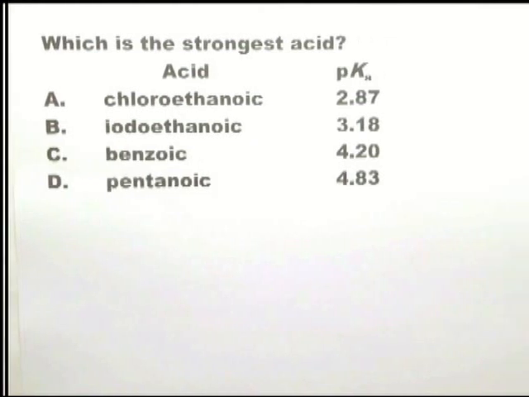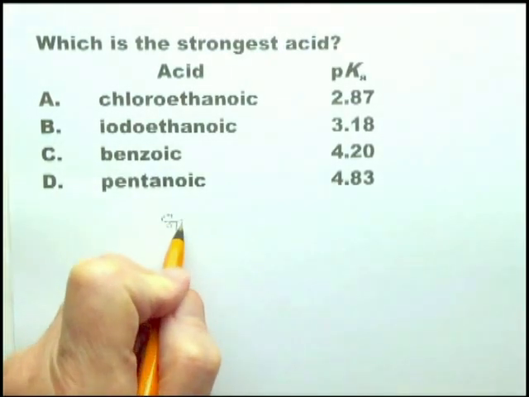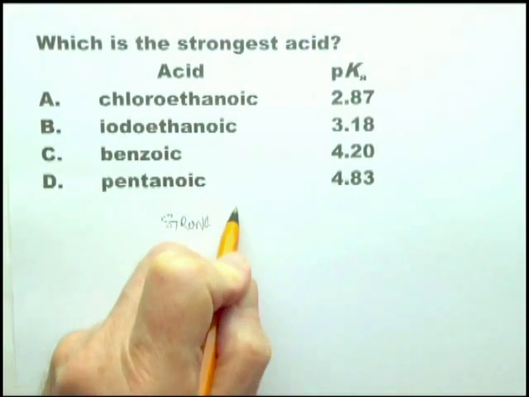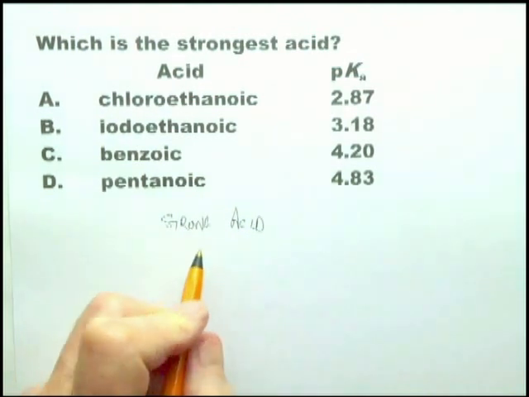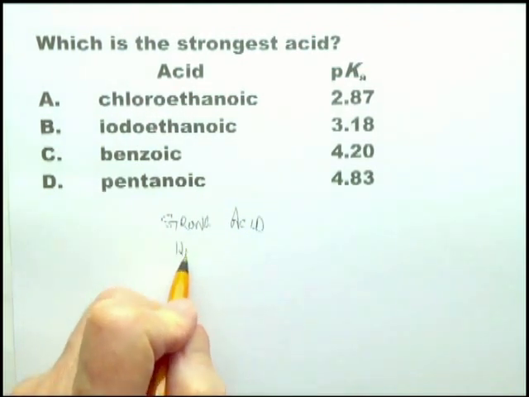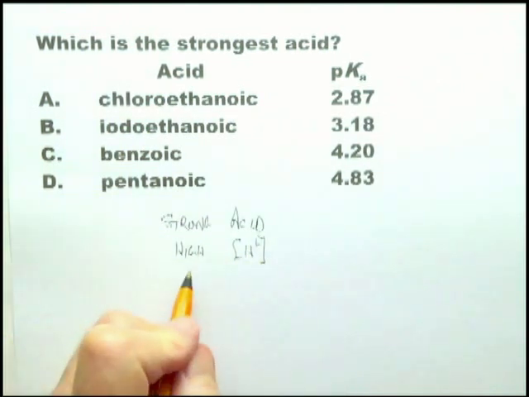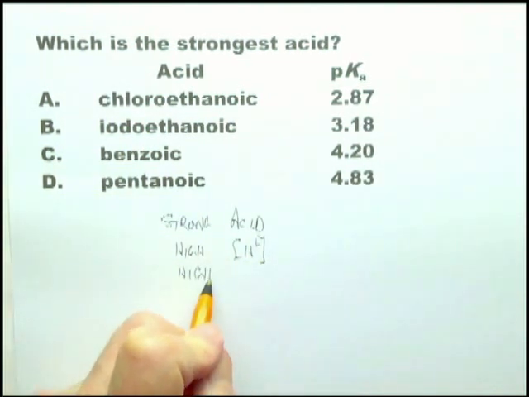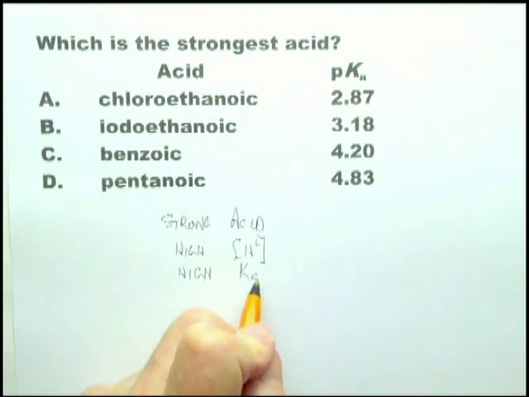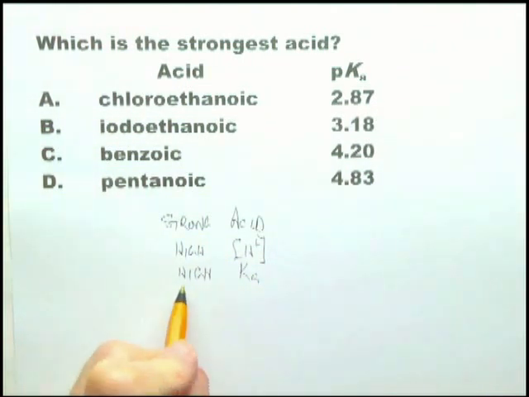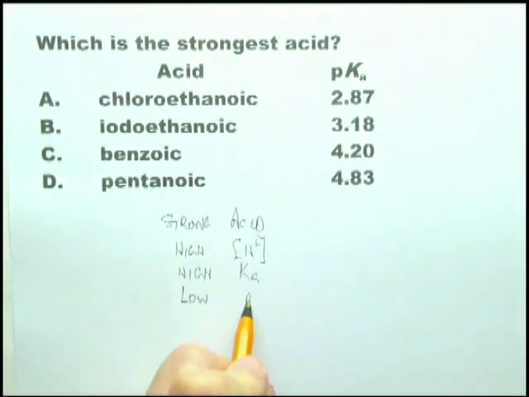From the previous questions, we know that a strong acid has a high concentration of H+, it has a high Ka, it has a low pH, and it has a low pKa.